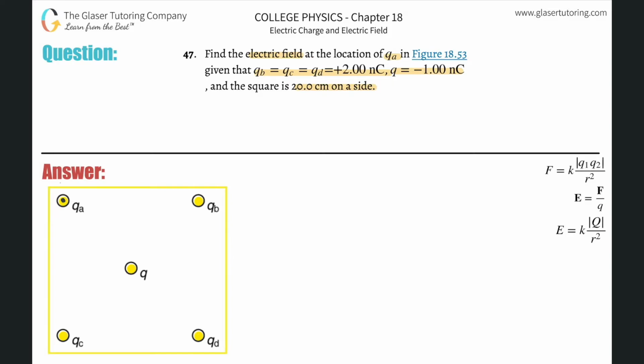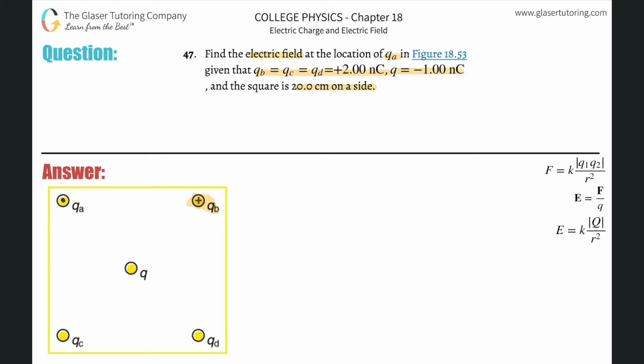So now let's take a look at Q_B's effect on the electric field at this particular location. It's going to be pointing to the, what do you think, left or right? Well, we've got to know the charge. This is positively charged, and therefore the electric field lines always emanate away from that particular point.